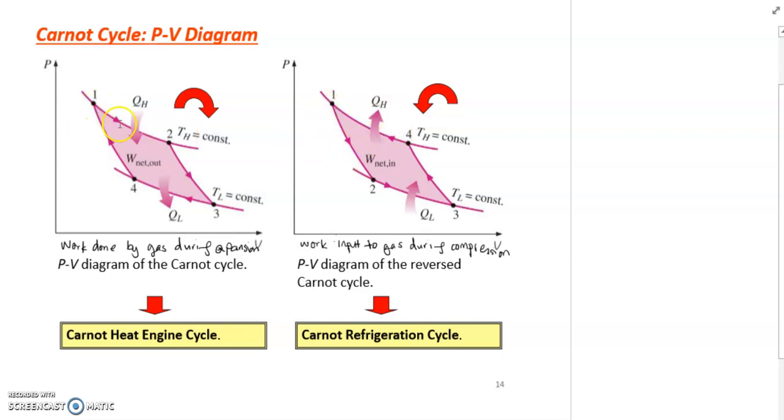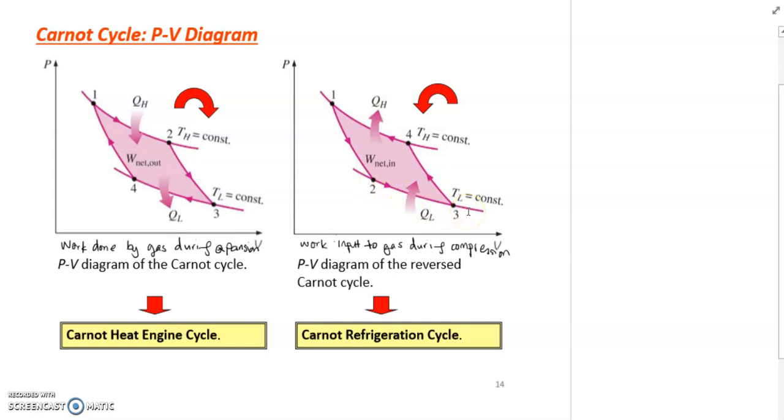Here it is 1, 2, 3, 4, but this one is 1, 4, 3, 2. The first one is reversible isothermal expansion. Your number 2 was initially number 4, and this process is reversible adiabatic compression. So you will go through the compression process first.